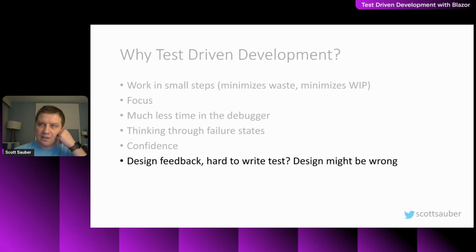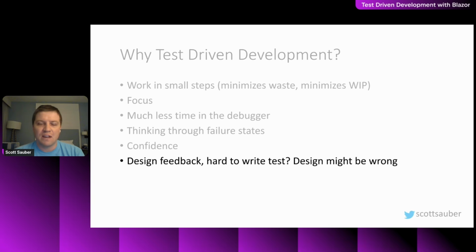Another thing people don't think about is that it also gives you design feedback. Let's say you have a 1,000-line method or a 5-line method, which one do you think is harder to maintain? I'm going to say probably the 1,000-line method, right? And usually writing a test for a 1,000-line method is much harder than writing a test for a 5-line method.